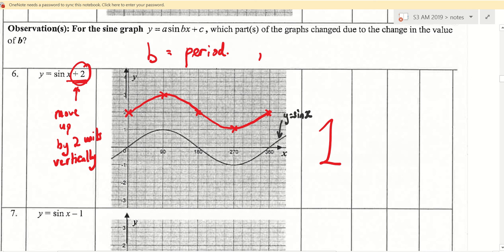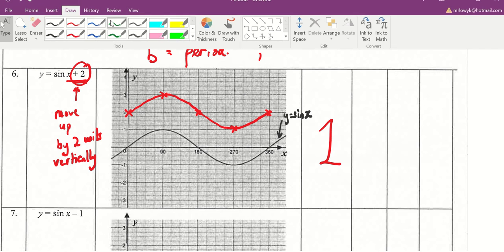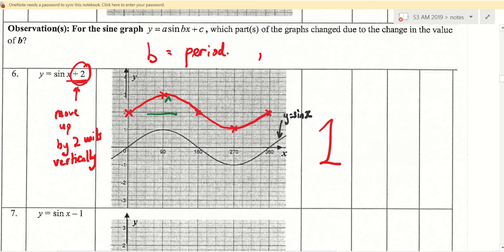From where? From middle to the highest point. So if I measure from middle to the highest point, the amplitude is still 1. No change. What about the period? 360, right? No change. Now the highest point changes. Highest point now is what? 3.